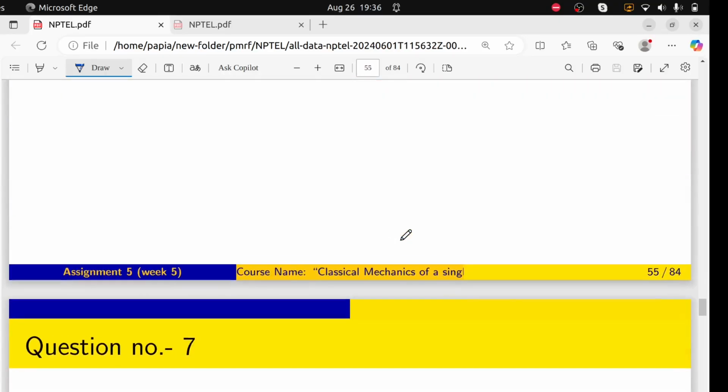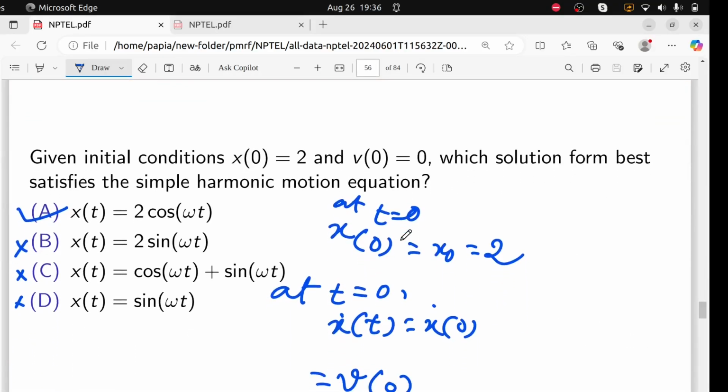So now coming to this question number 7. So this is the thing. Then if I write here x, so the answer will be coming as x equals to 2 cos omega t.